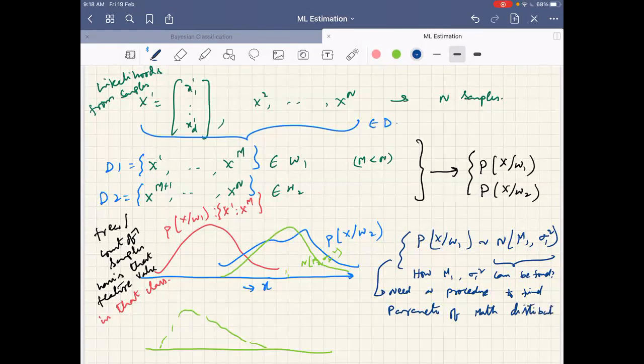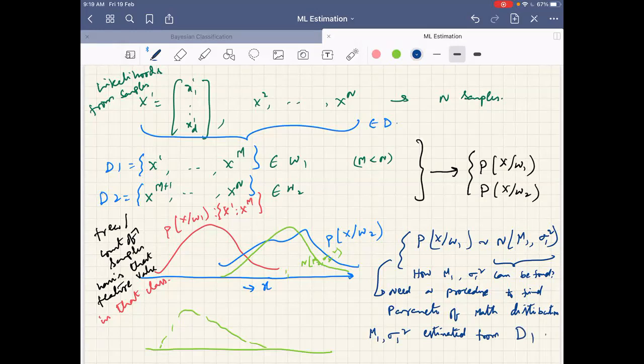See from where these samples are coming. From where should these parameters come? We are fitting these to P of X given omega 1. That means mu1 and sigma 1 square have to be estimated, from where? From the training data, X1 to Xn.